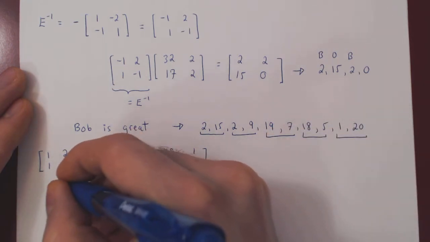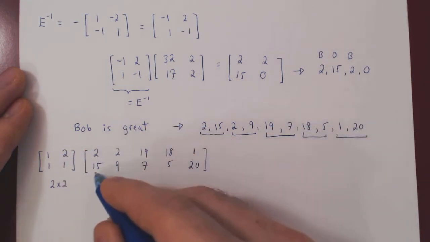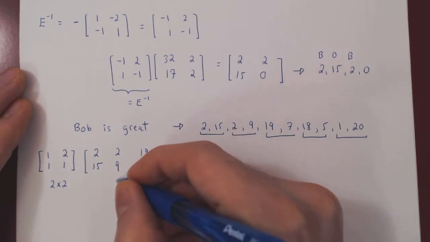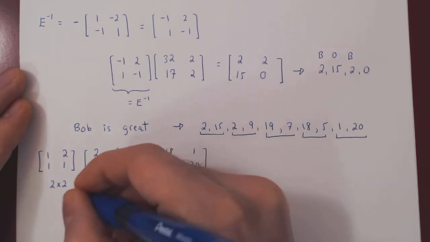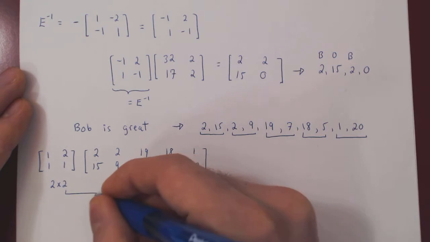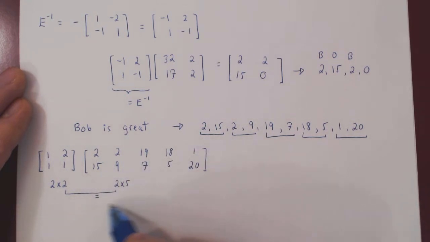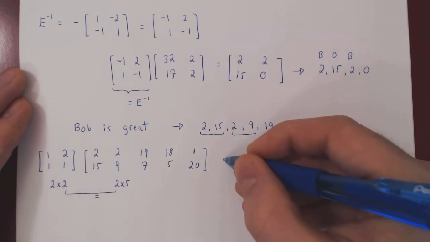This is again a 2 by 2 matrix. This is a 2 by 5 matrix. 2 equals 2. And the result will of course be a 2 by 5 matrix.